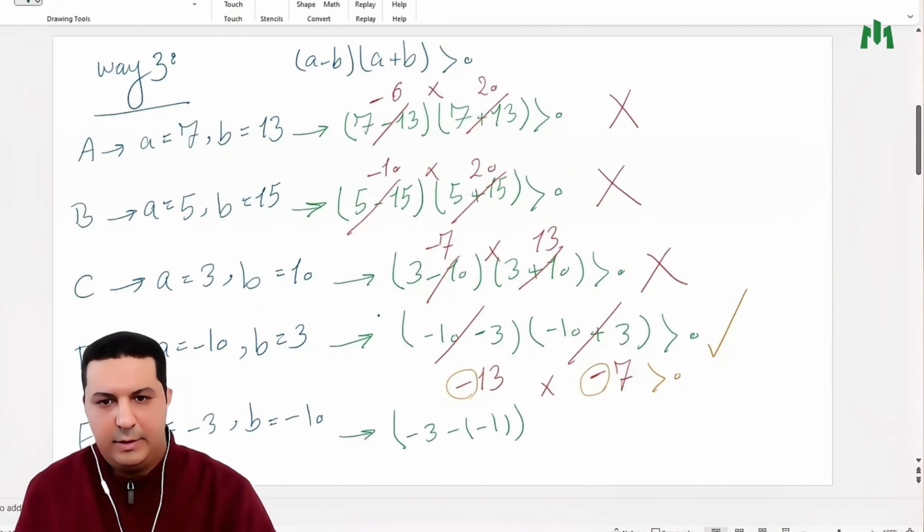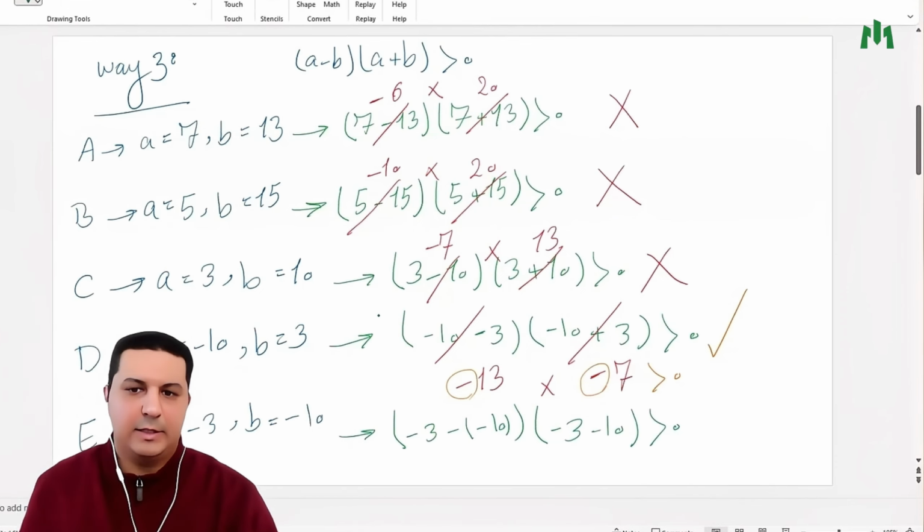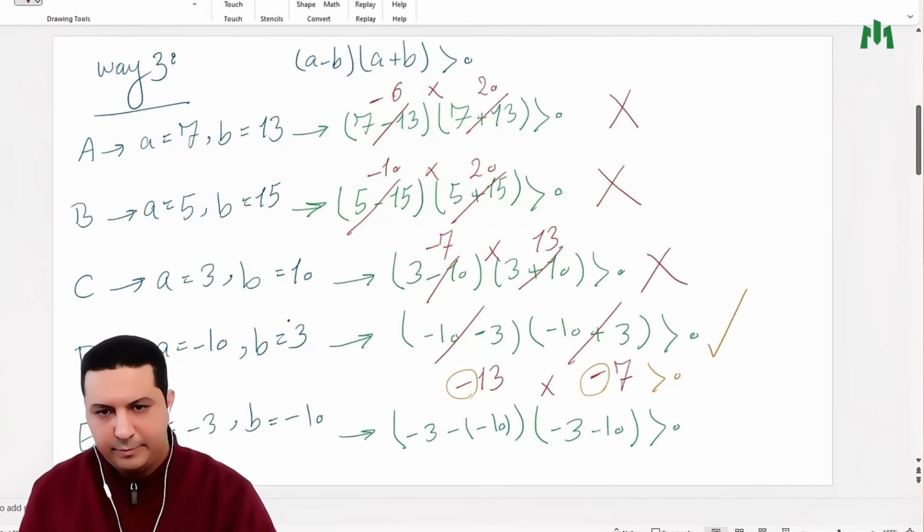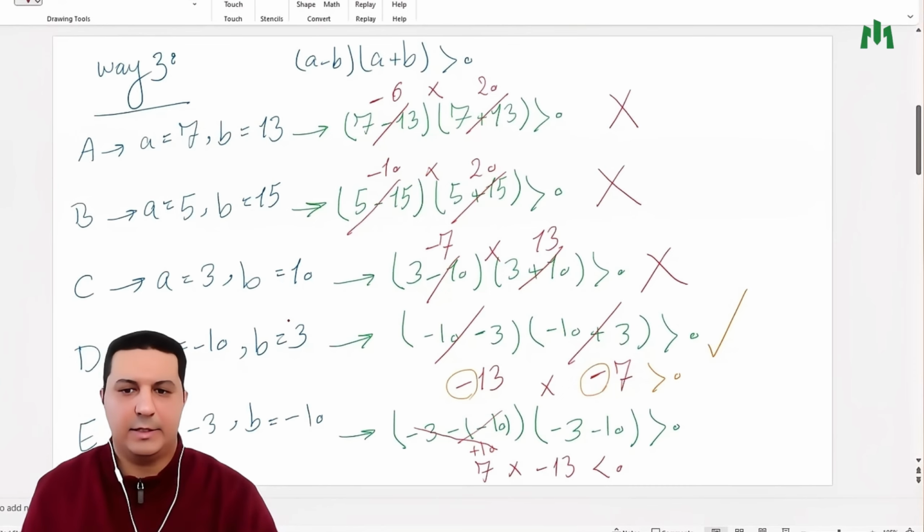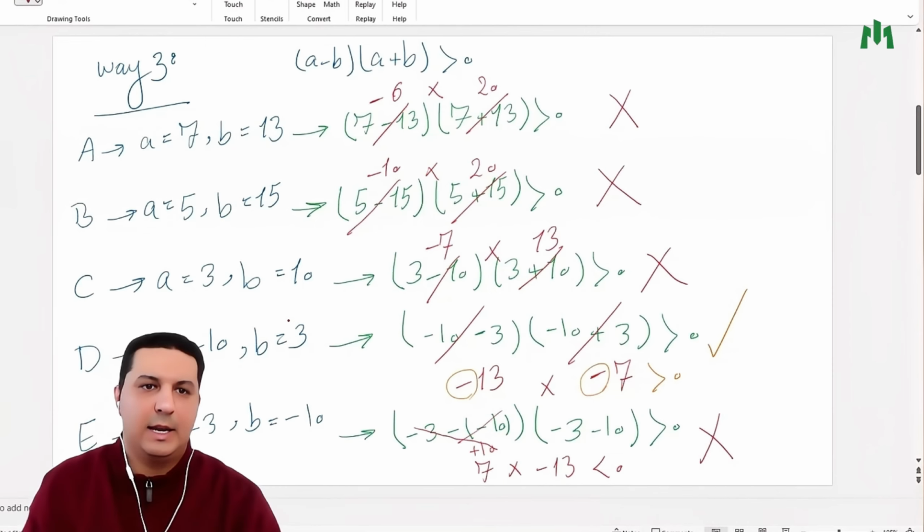This is the multiple of a minus b and a plus b, where A is minus 3 and B is minus 10. We are going to check whether this part is positive or negative. This part is plus 10, and these two together give 7, multiplied by minus 13, and this is negative. It is not positive. It can't be the answer.